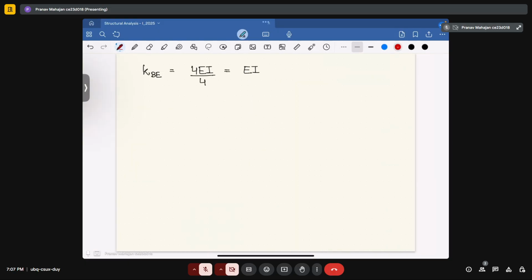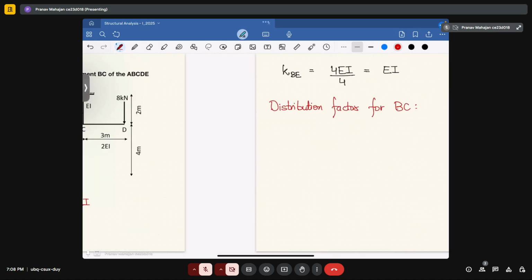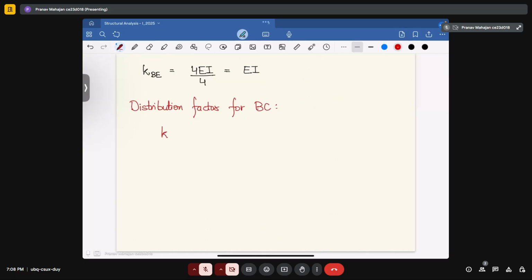So the distribution factor for BC will be equal to K of BC divided by K of BC plus K of BE plus K of BA. That's all, 3 members are there, we have written.